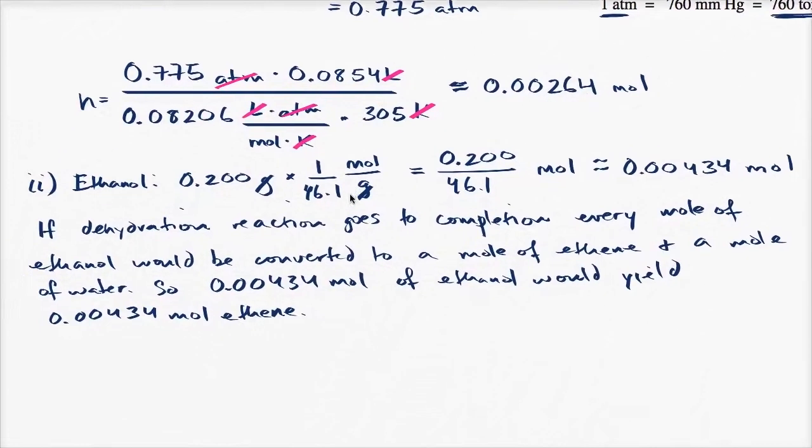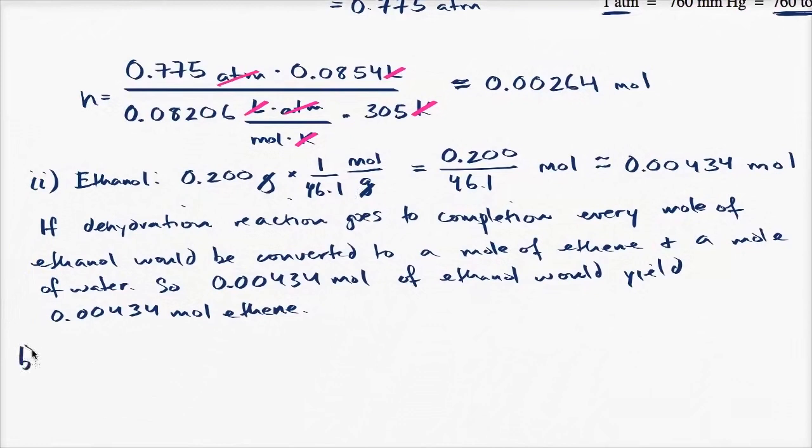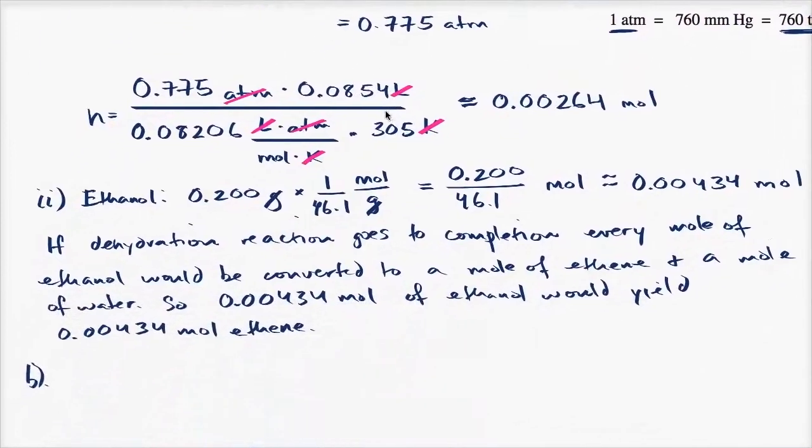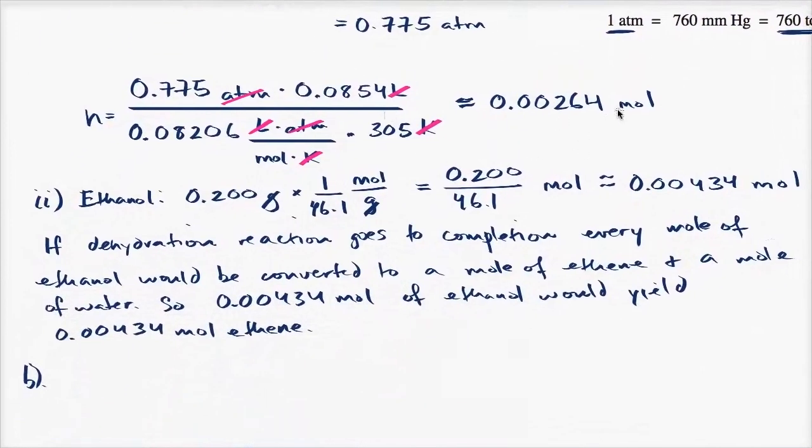So now let's tackle part B. And they ask us, calculate the percent yield of ethene in the experiment. Well, the percent yield is going to be how much we got divided by how much we would ideally have gotten if the reaction went fully to completion.